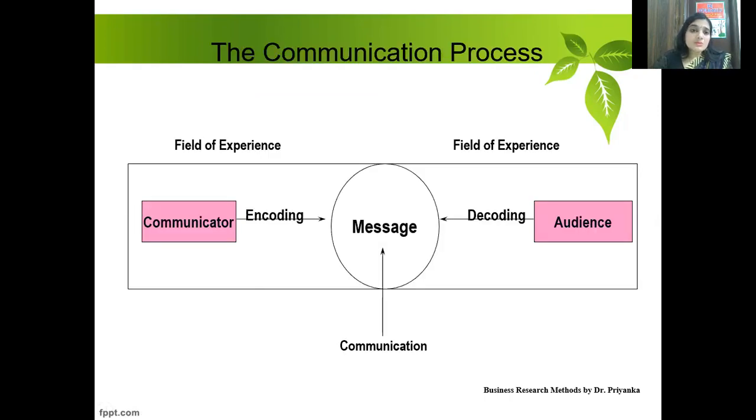Yes, the communication process is a very important part of this research report now. For example, whenever you are communicating anything, of course, you are communicating so that the other person understands you, right? So to make the audience understand whatever you are trying to communicate, you should either be speaking in their language, right, or there should be a person who is encoding your message and then decoding the message to the audience, right.